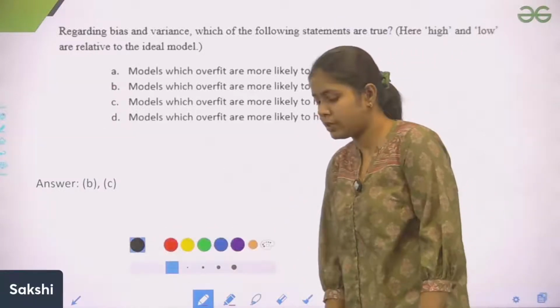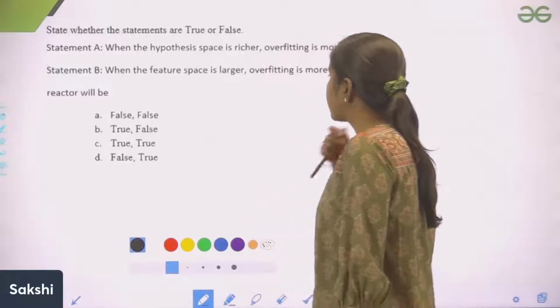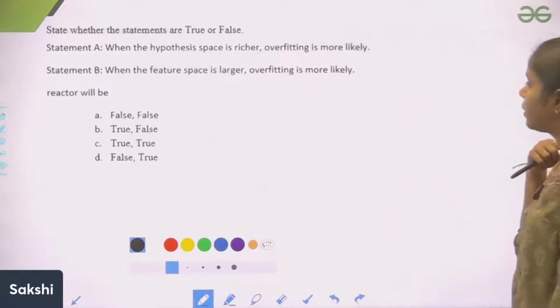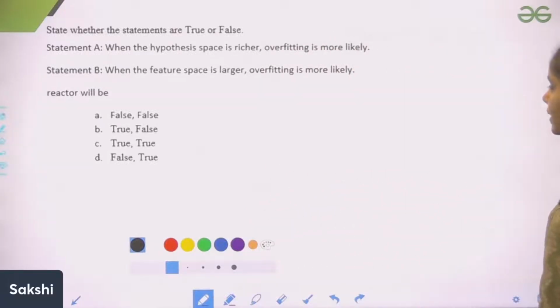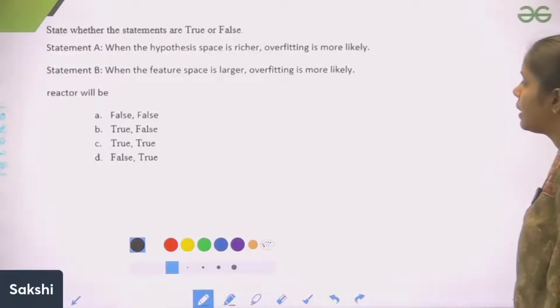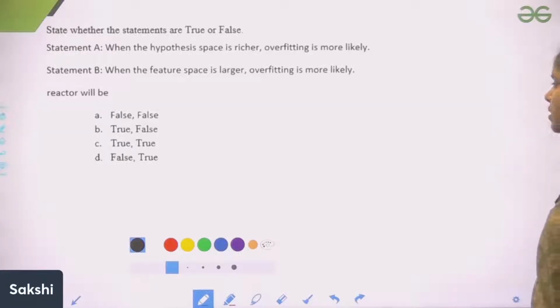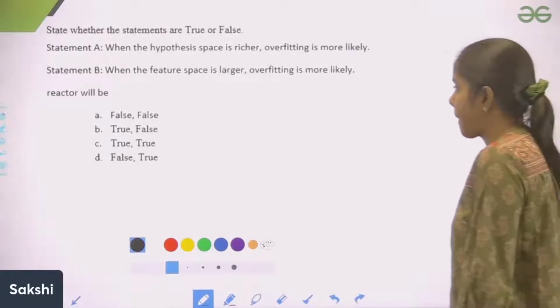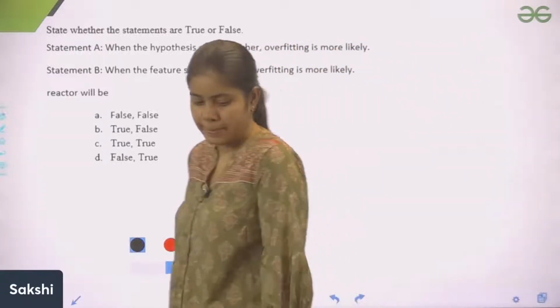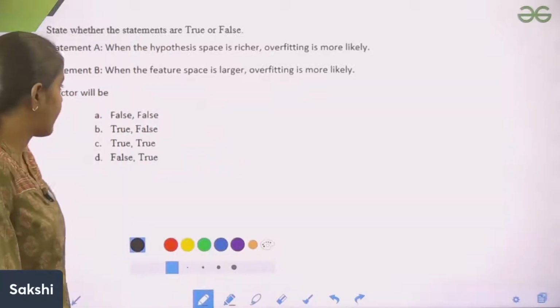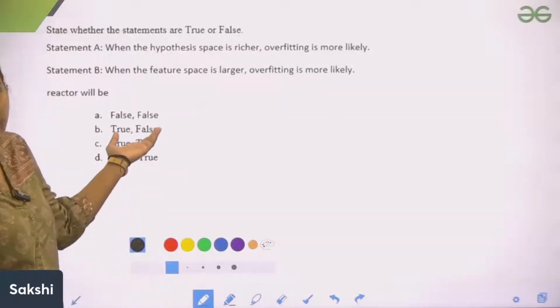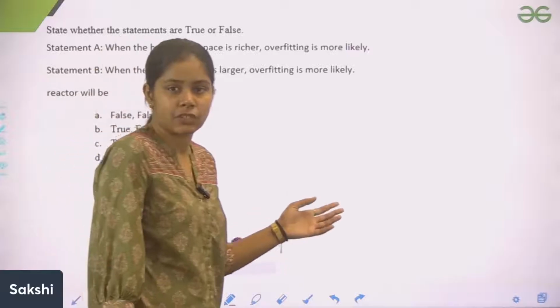Let's solve more questions. State whether the statements are true. When the hypothesis space is richer, overfitting is more likely. When the feature space is larger, overfitting is more likely. Tell me, guys. So we'll have overfitting when the feature space is larger, right?